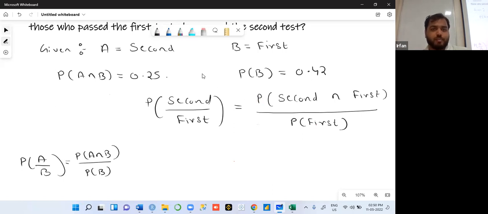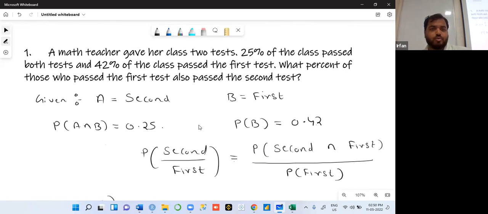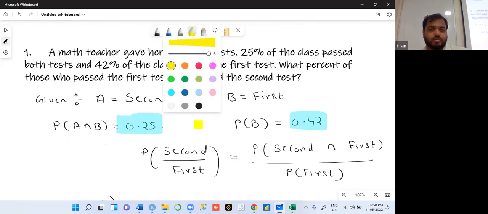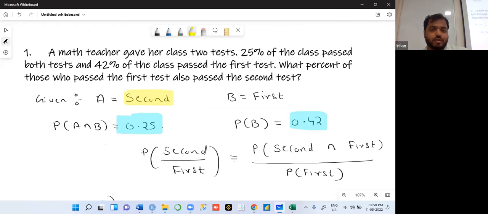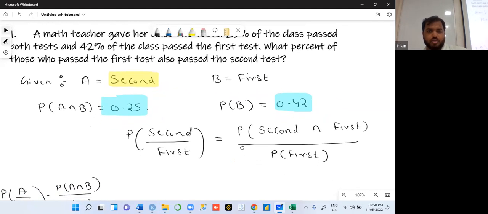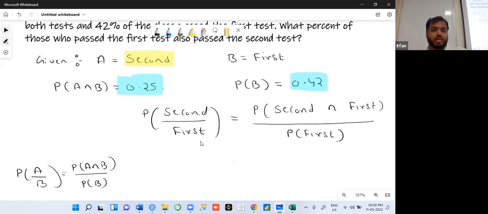We have for both: the person who clears both the tests is 0.25. The person who clears only the first test is 0.42. We need to find the chance he will also clear the second test. You are eligible to give the second test when you clear the first. You have to clear the first test. This is the theoretical formula. This I converted in this format.